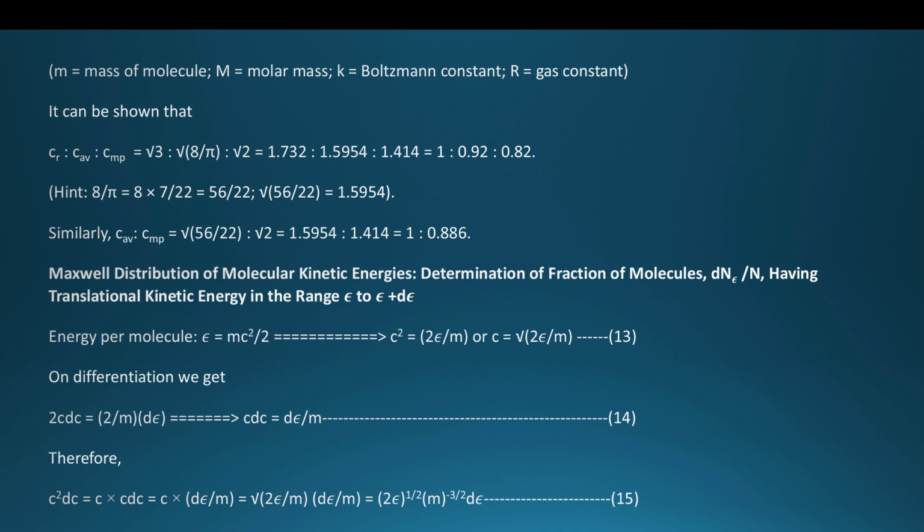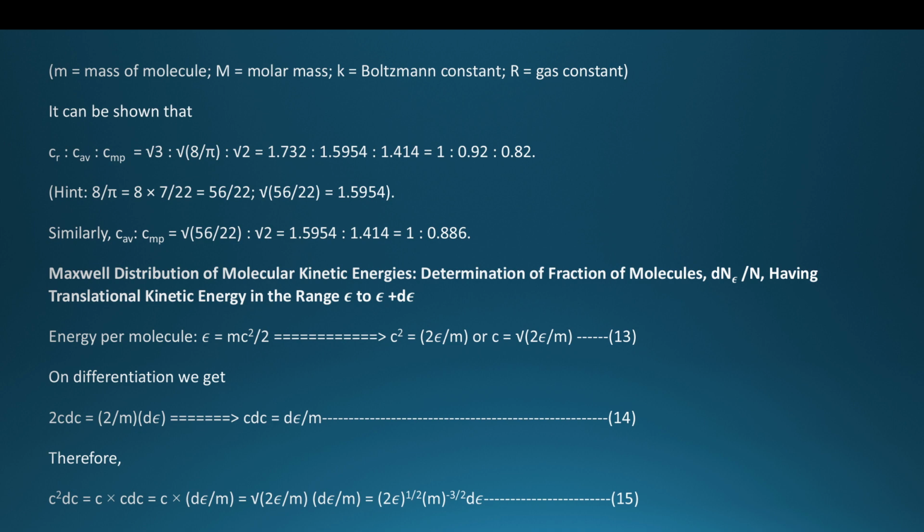Maxwell distribution of molecular kinetic energy. A fraction of molecules dN upon N having translational kinetic energy in the range of epsilon to epsilon plus d epsilon. As we know, energy per molecule is given by mc square over 2. It means c square is 2 epsilon over m, or c equal to under root 2 epsilon over m. On differentiating, we get 2c dc equal to 2 over m into d epsilon.